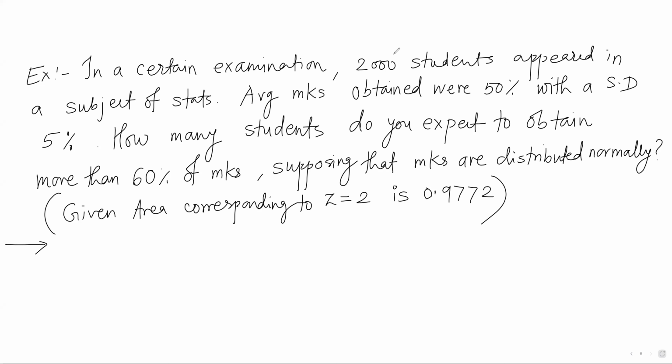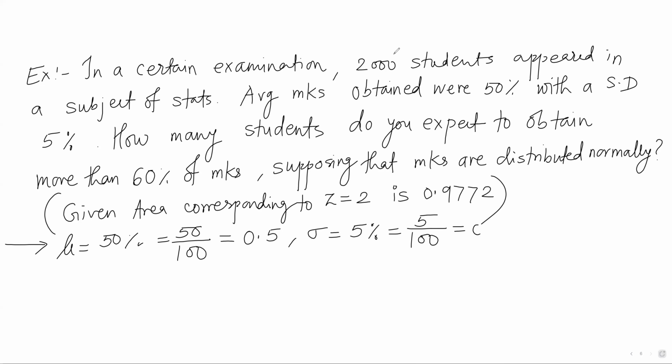First of all, take the average mark, denoted here by mu. 50% means 50 by 100, so it is 5 by 10, which is half, your 0.5. And the standard deviation sigma is given as 5%, which is 5 by 100, so we get 0.05.